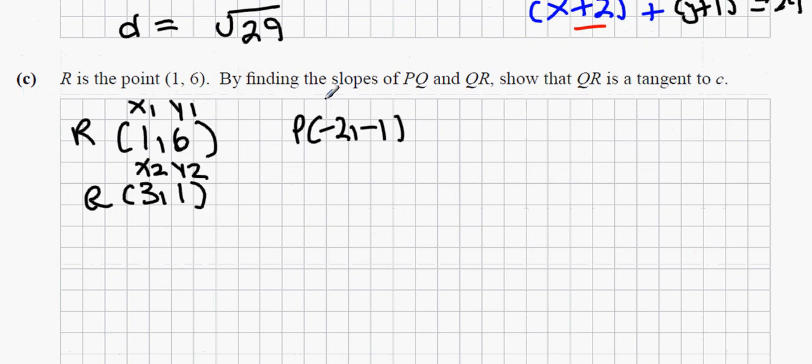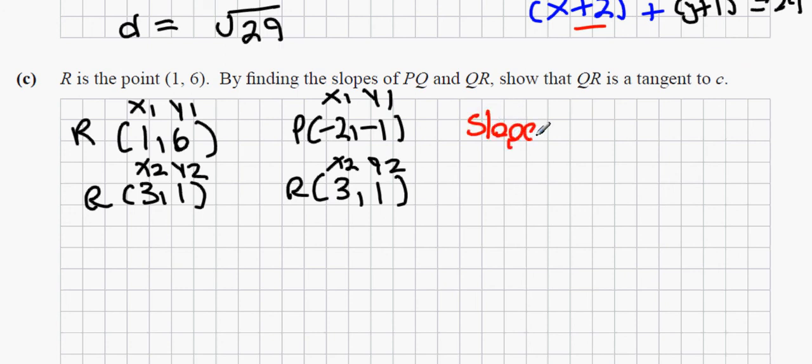What we're going to do is use the slope formula twice and find the slopes of both these lines, and we've got to prove they're perpendicular to each other. Now, the thing to remember about slopes is when they're perpendicular to each other, they're basically turned upside down and the sign changed.